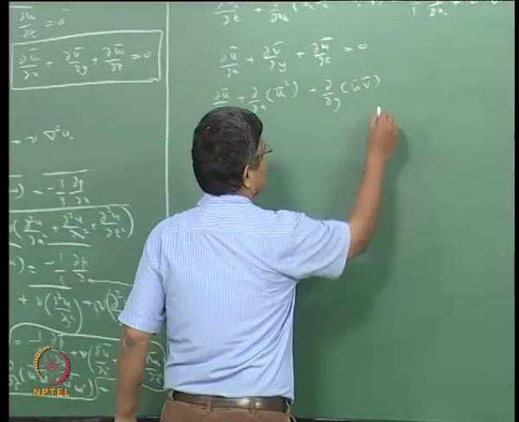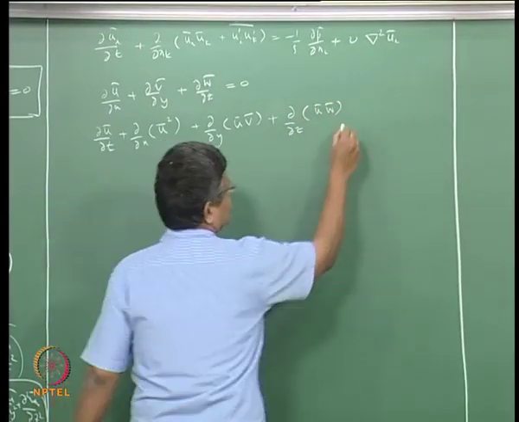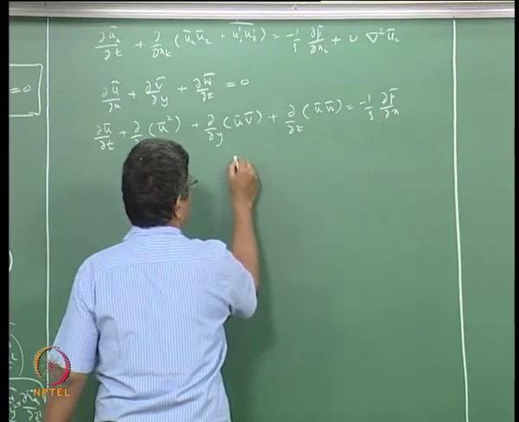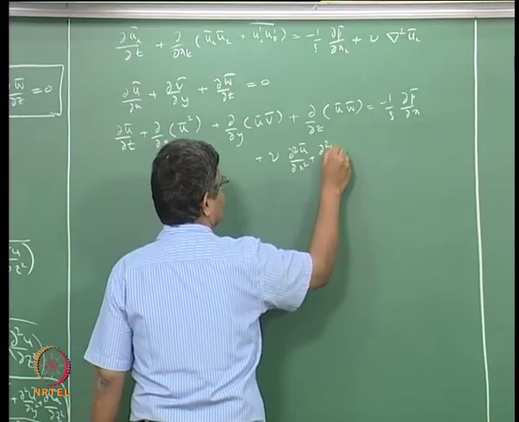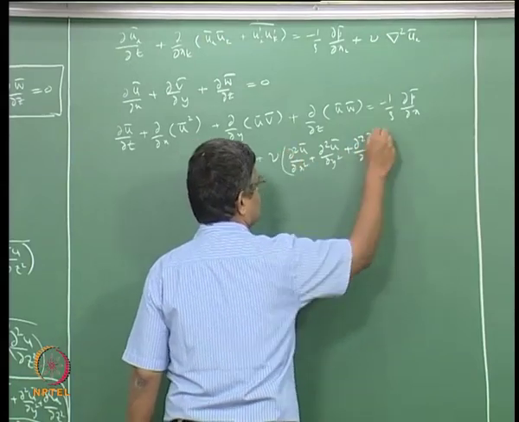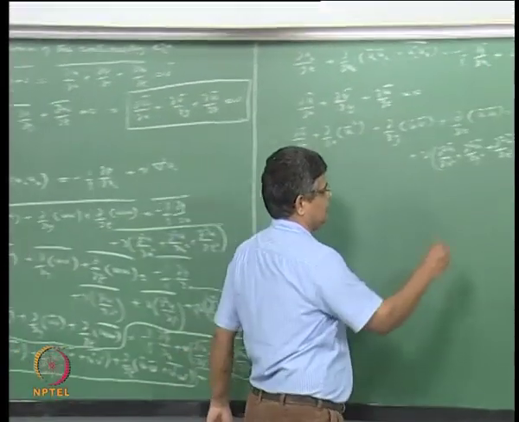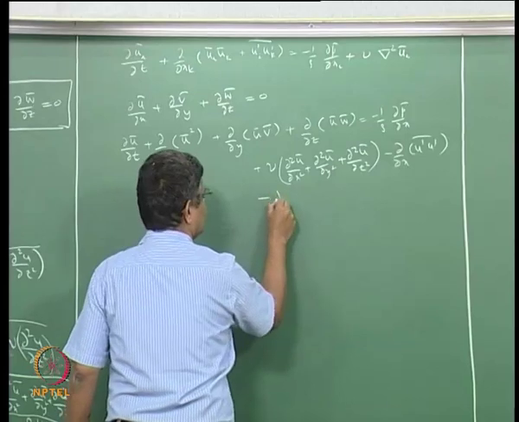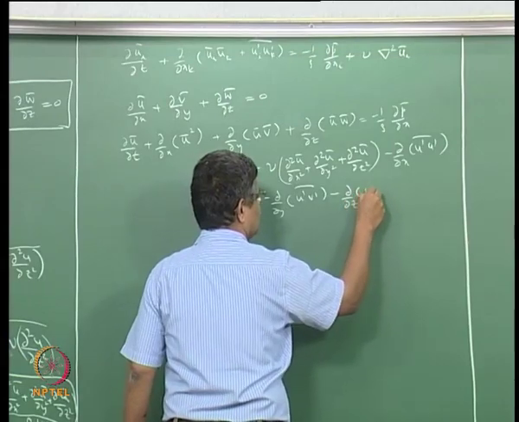So which is what I am doing here, plus dou by dou z of u bar w bar equal to minus 1 by rho dou p bar by dou x plus nu times dou square u bar by dou x square plus dou square u bar by dou y square plus dou square u bar by dou z square, and then I have the leftover terms here: minus dou by dou x of the average of u prime square, minus dou by dou y of the average of u prime v prime, minus dou by dou z of the average of u prime w prime.